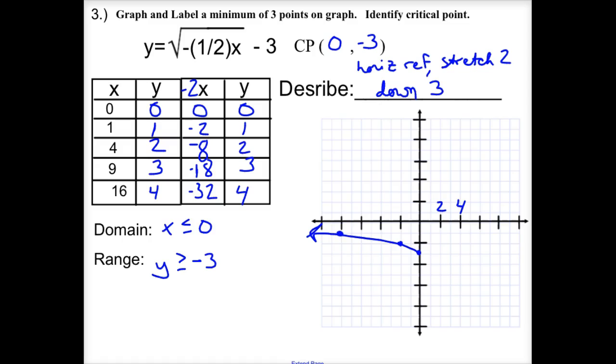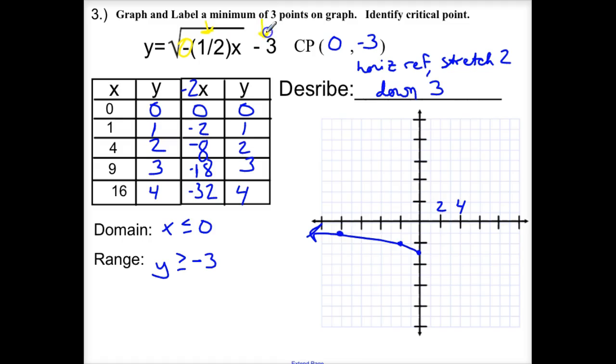Next, we have a square root function. We have, again, inside the asymptote grouped with the x, we've got 2 things going on. We've got multiplication by a negative, which is a reflection. Because it's inside grouped with the x, it will be a horizontal reflection. It looks like we have a compression of 1/2, but the reciprocal of that is 2, so we actually have a horizontal stretch of 2.